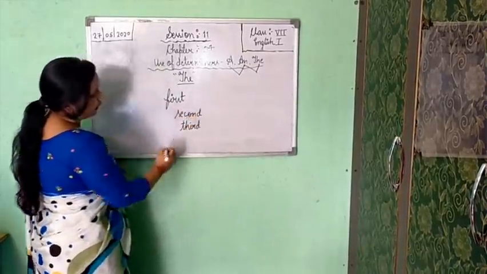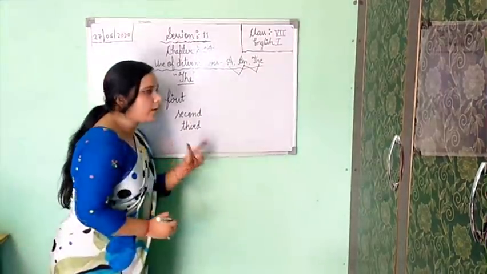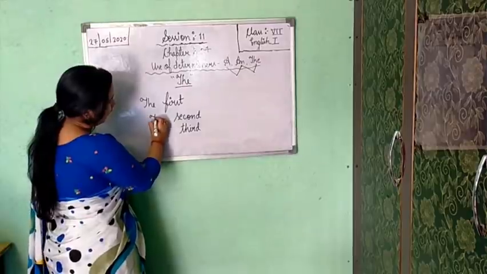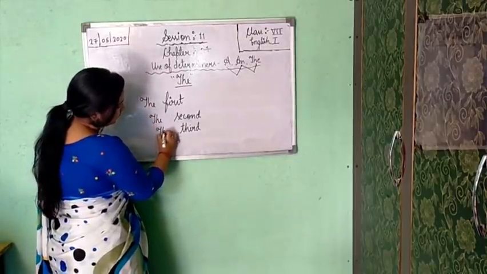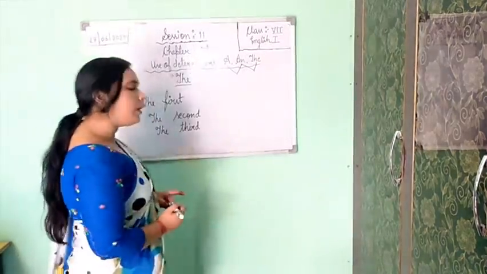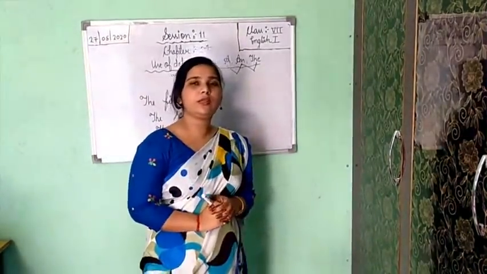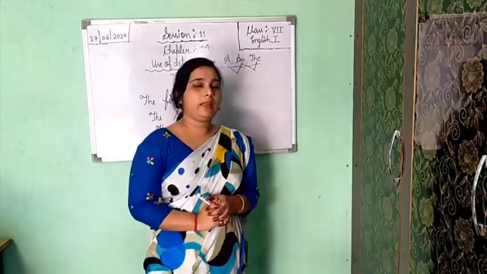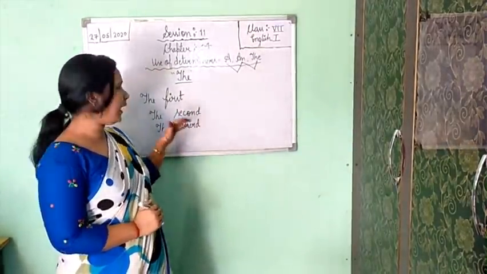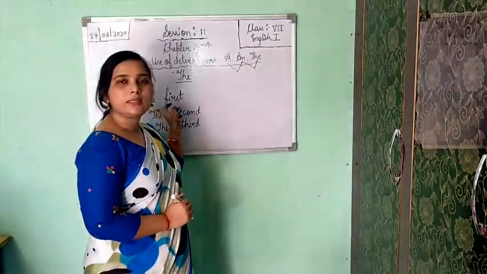So first, second and third, these three are your ordinal numbers. So here you will use the definite determiner, that is "the first, the second, the third". So always remember, for numerical sense, which means one, you will use "a" or "an". But for ordinal sense, first, second, third, fourth, fifth, likewise, you will use "the".